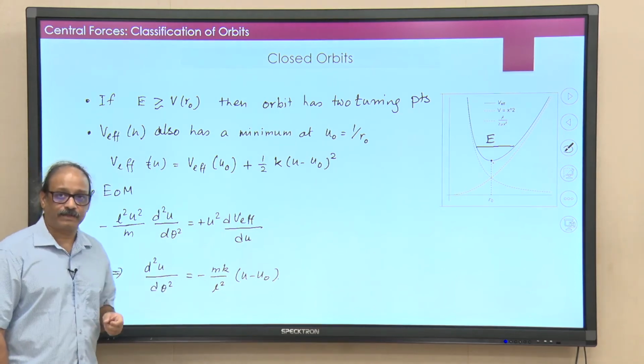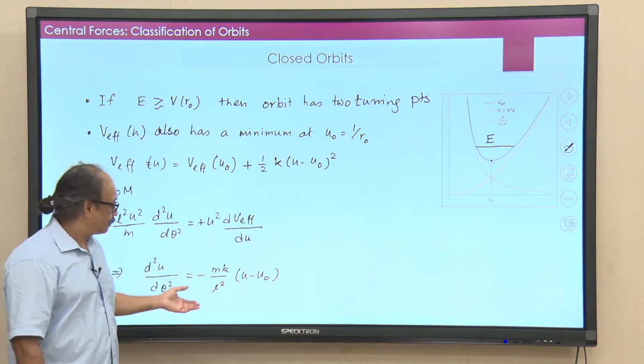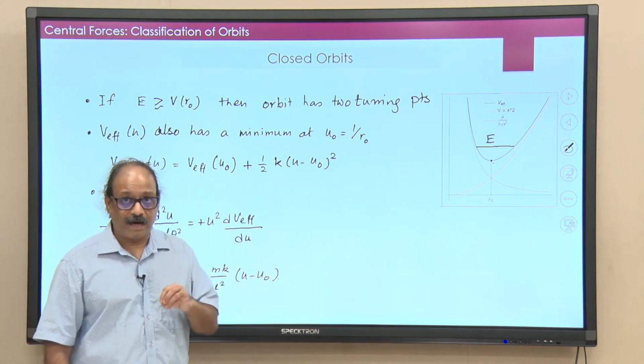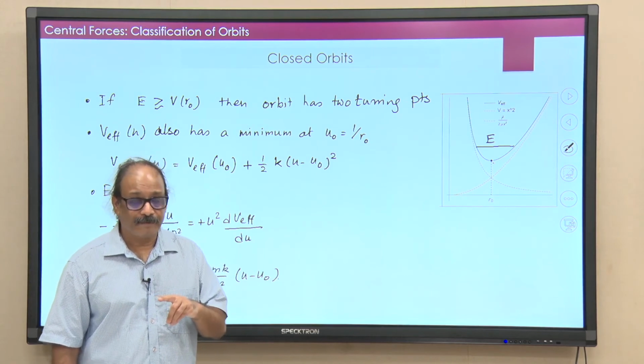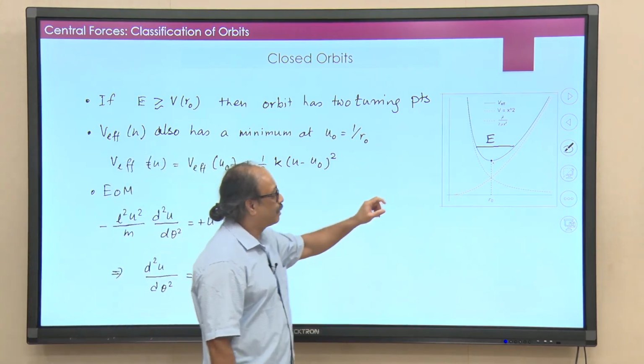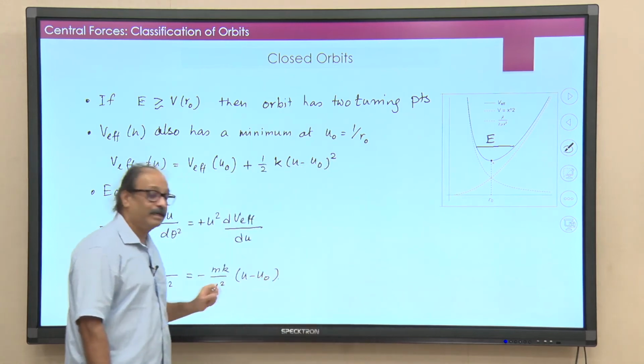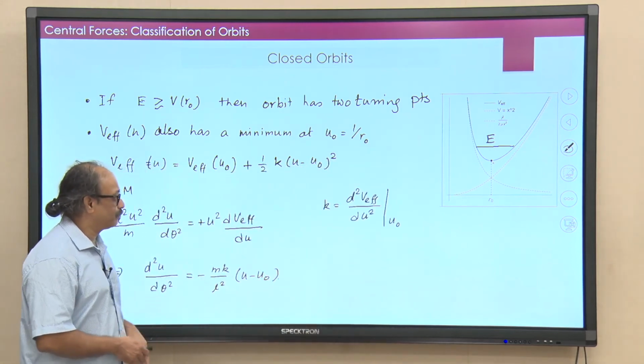Does this differential equation look familiar to you? Yes, this is the harmonic oscillator. So basically, not in r but in u, there will be a harmonic variation about the minimum, about u naught, and we should be able to write the answer.